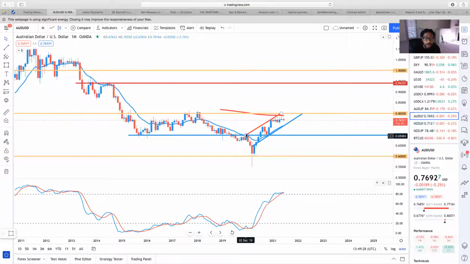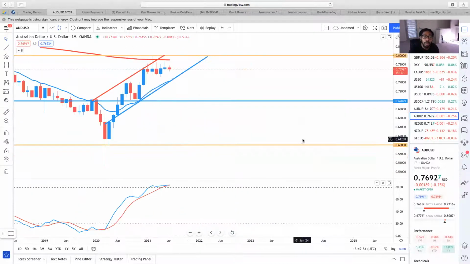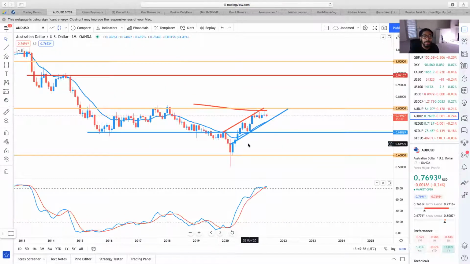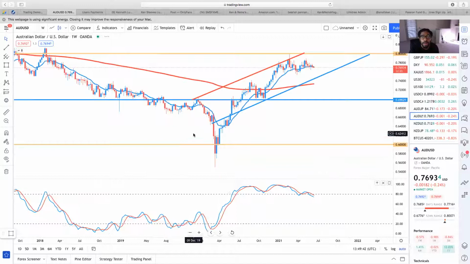Plus, I had troubles here. It was resistance here. Plus, it was support here. All right, so boom, we got that breakdown. We got the monthly on there. We got our monthly levels too as well. And then we can drop down to the weekly.